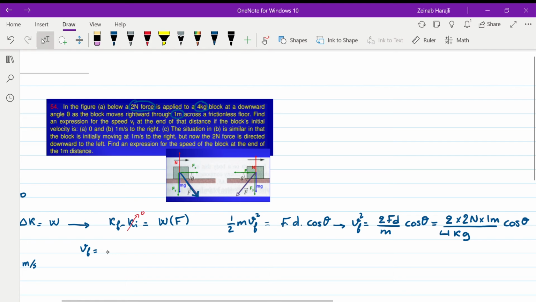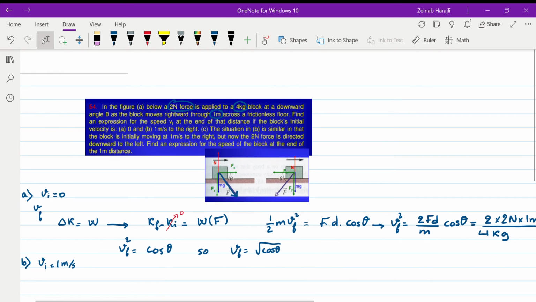So this is going to give us Vf squared equals cosine theta. So Vf equals radical cosine theta. This is our expression for the final speed if the initial speed is 0.